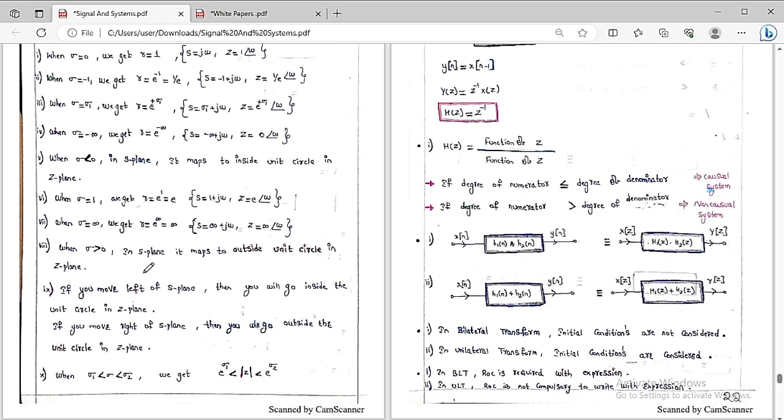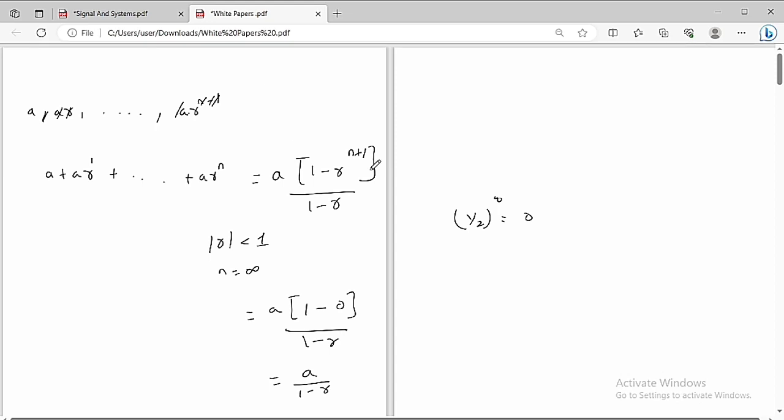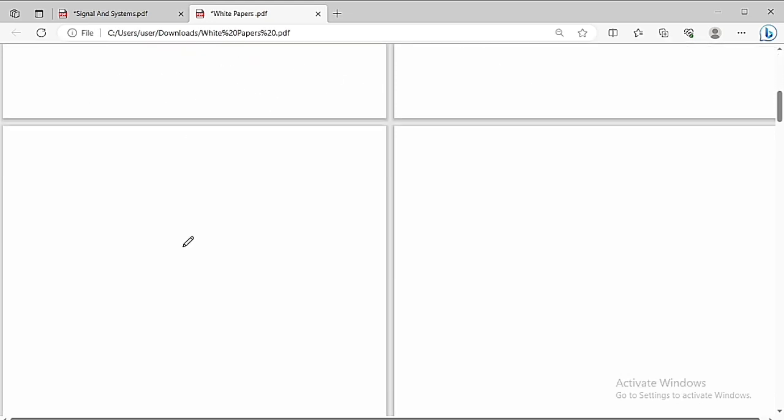So therefore we can say, simply, all the LHS, listen carefully. Here I will write: this is the S plane and this is the Z plane. All the LHS of the S plane are going to map inside the unit circle.